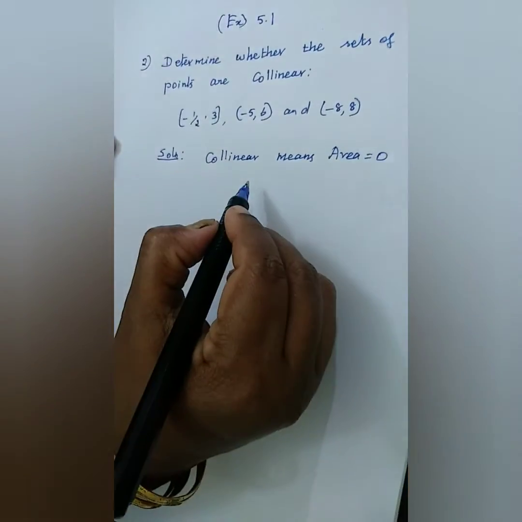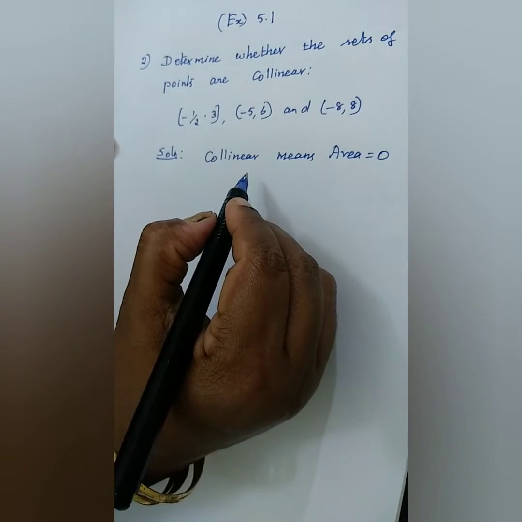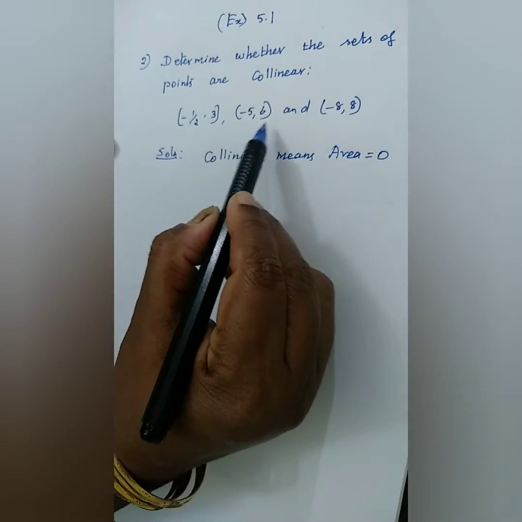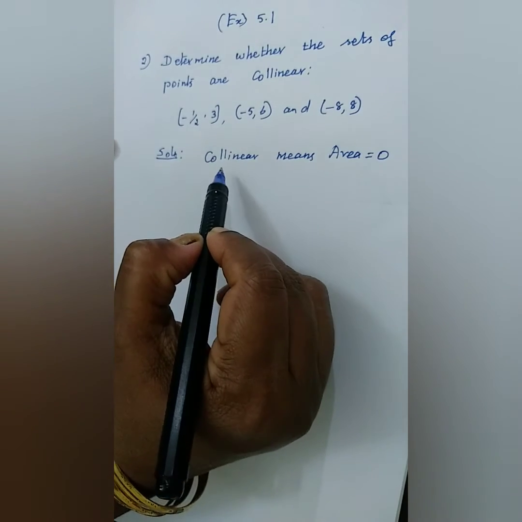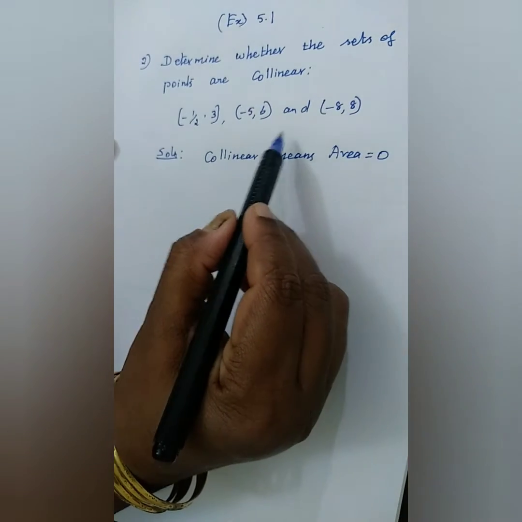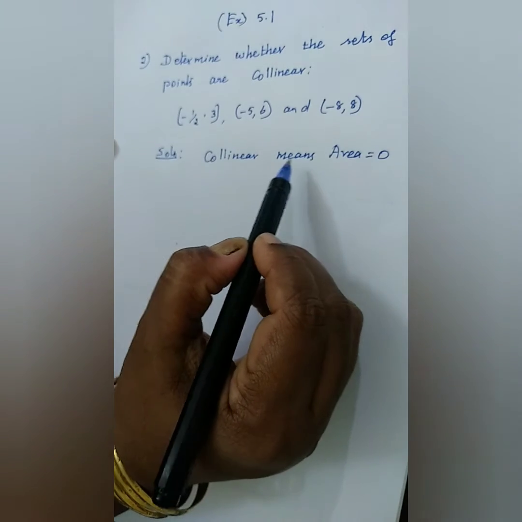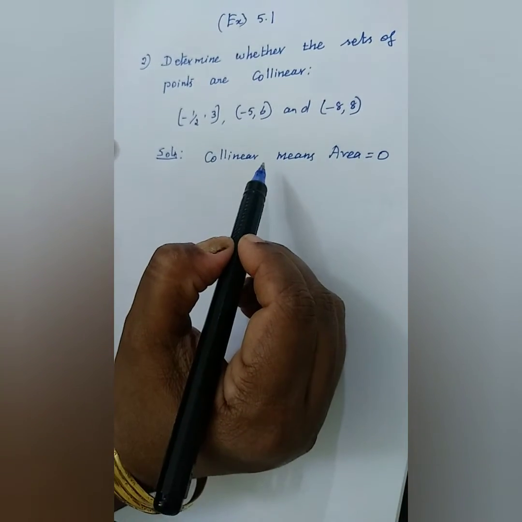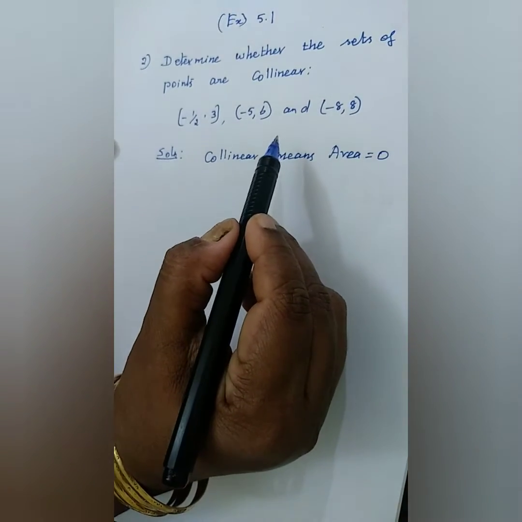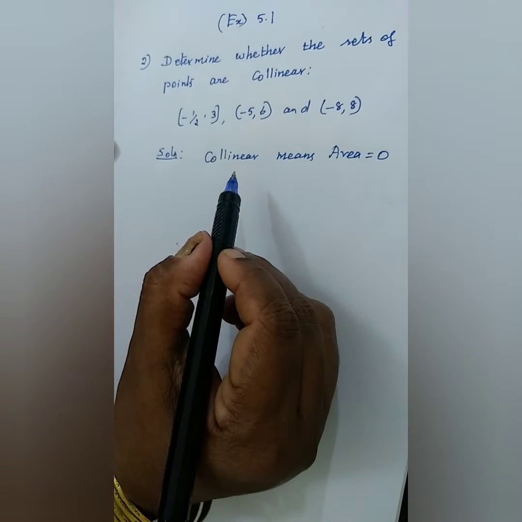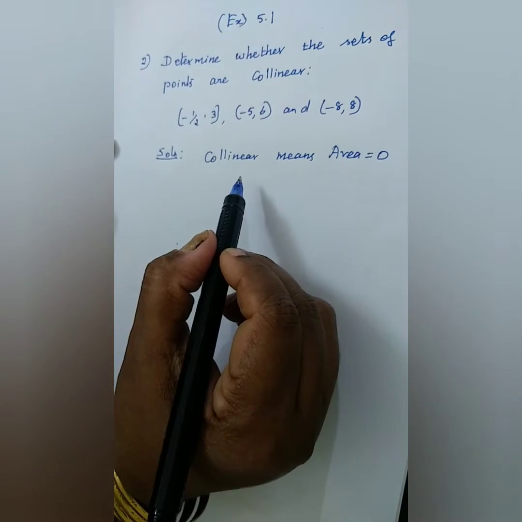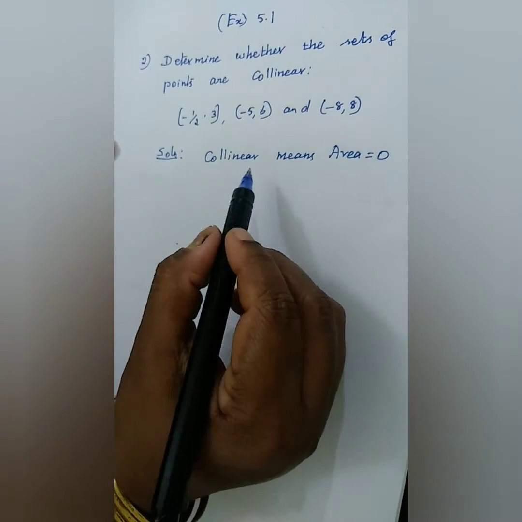If the area of the triangle formed by these points is 0, then we can say that these points are collinear. So what we are going to find out now is the area only.